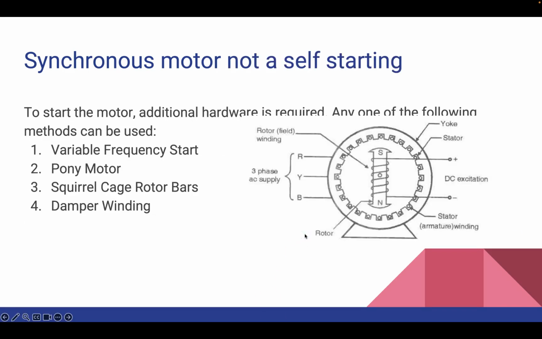Now moving on, a synchronous motor is not self-starting. So let's delve into the various methods used to start the synchronous motor, as they require additional hardware for initialization. Some of the common techniques are, first, the variable frequency start. This method involves gradually increasing the frequency of the power supply to the motor, starting from a slow speed and then speeding up.